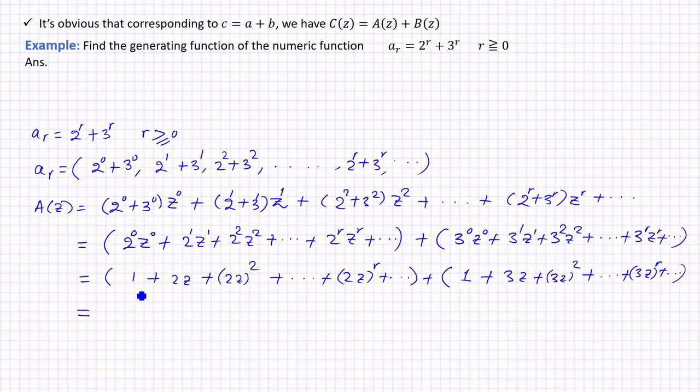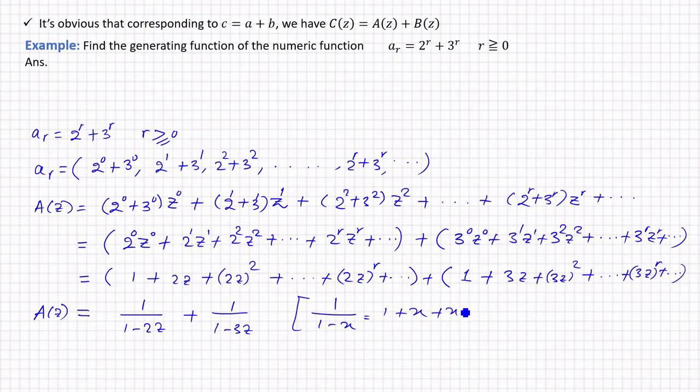So this is nothing but 1 divided by (1 - 2z), plus 1 divided by (1 - 3z). This is the final value of the generating function A(z). We got 1/(1 - 2z) from this standard formula. So this is the answer: A(z) = 1/(1 - 2z) + 1/(1 - 3z).